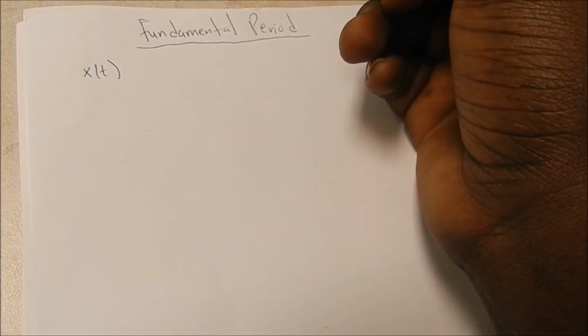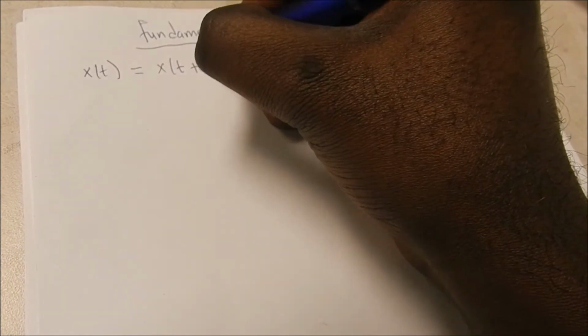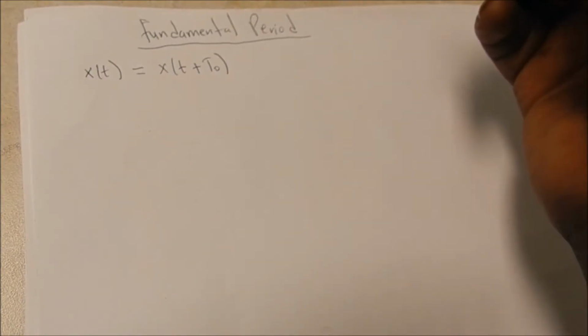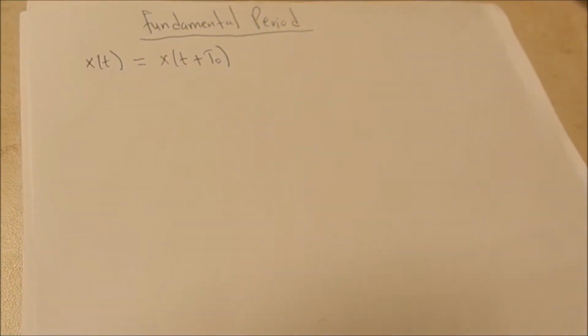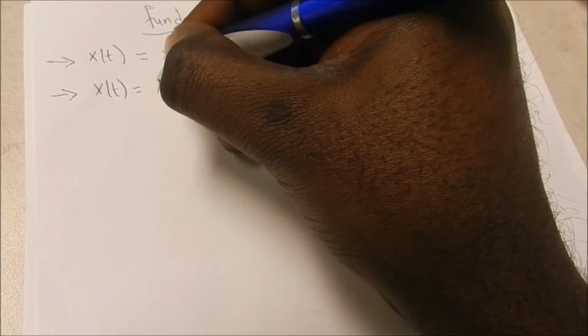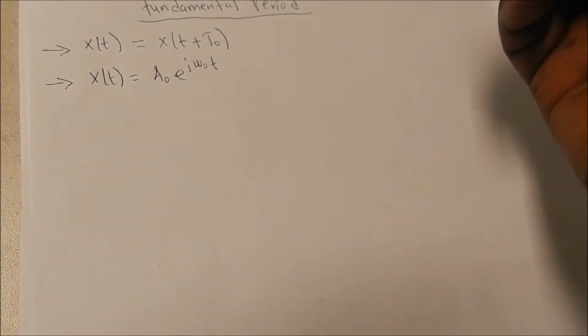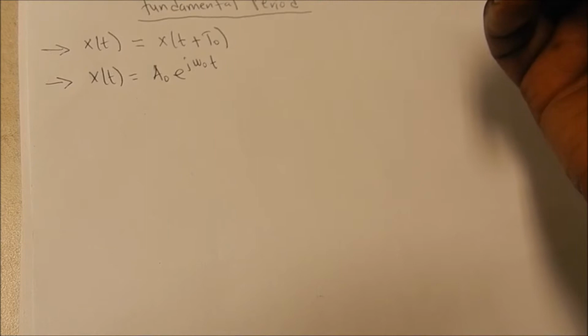Since x of t is a periodic signal, it means x of t will be equal to x of t plus the fundamental period. Now, using Euler's formula, x of t is equal to a naught e to the j omega naught t. Omega naught is the radian frequency of x of t, and a naught is the amplitude.